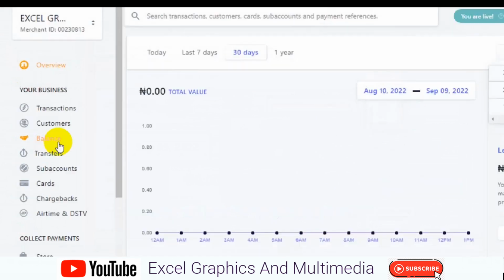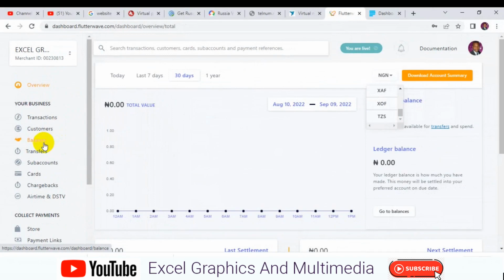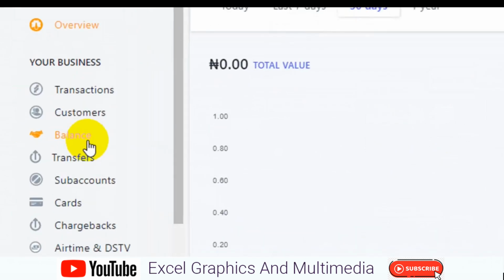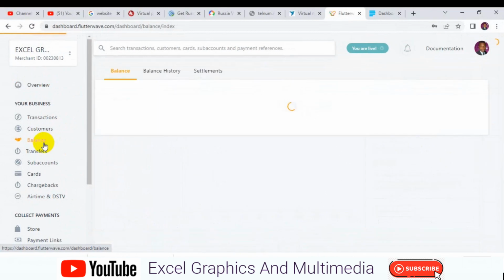If I go to my balance, you see I have received Ghana cedis, Kenya Shillings and Zambia currency, even USD. But each time this platform wants to settle you, they settle you based on your country currency, at the official rate.